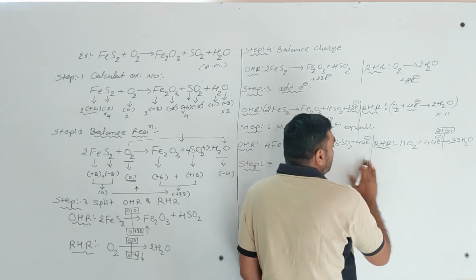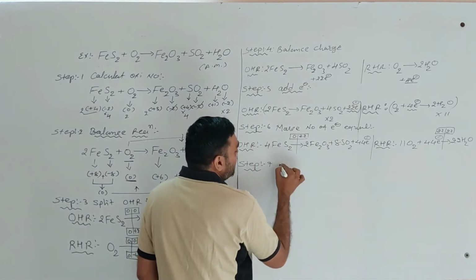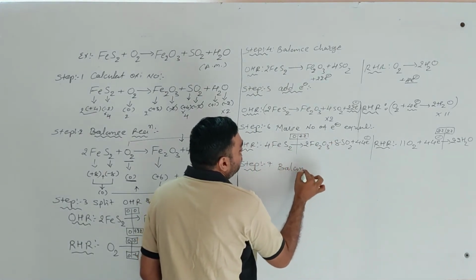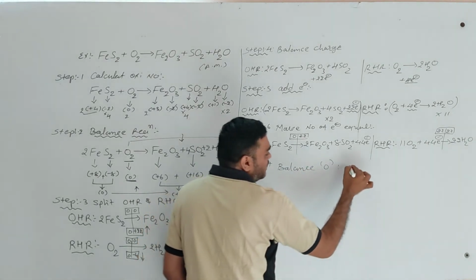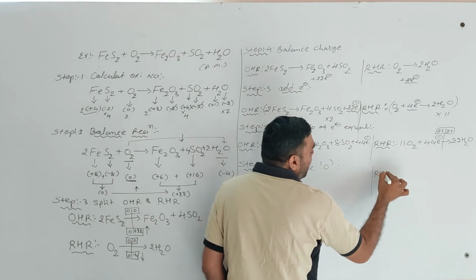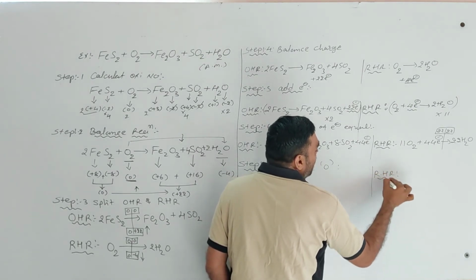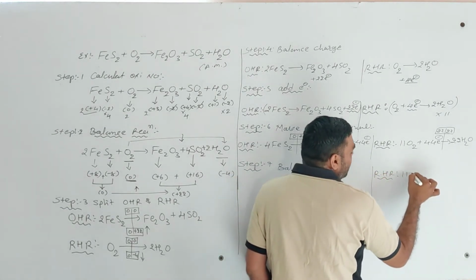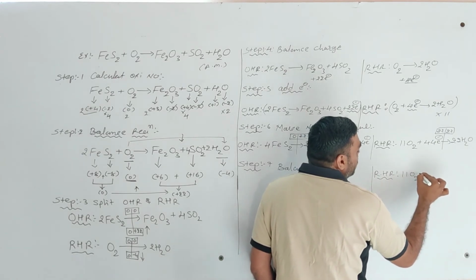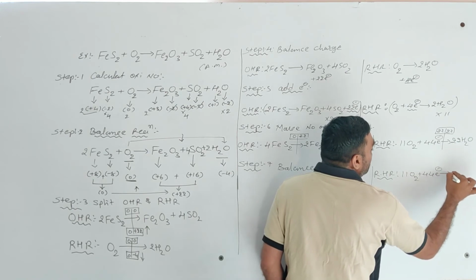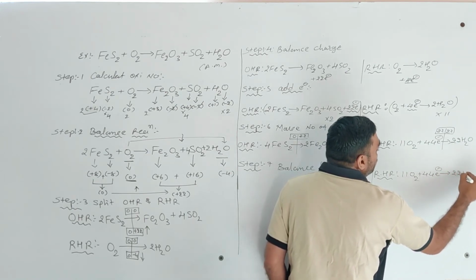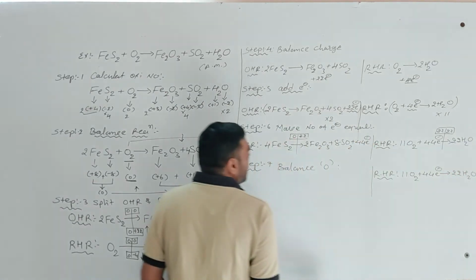So I will write in this step: balance oxygen. In the reduction half reaction it is already balanced, so I will write it as it is: 11 O2 plus 44 electrons gives 22 H2O.